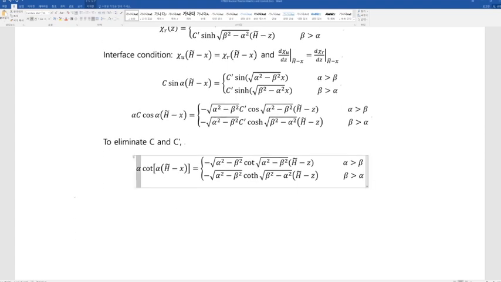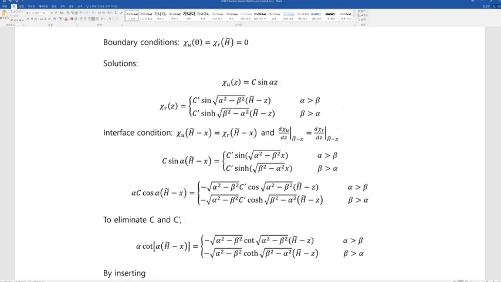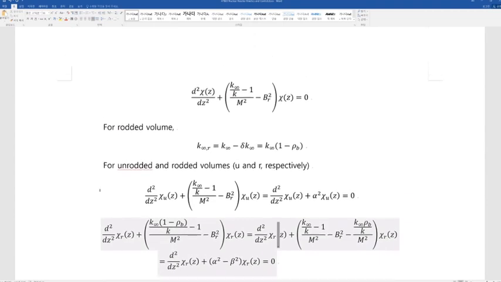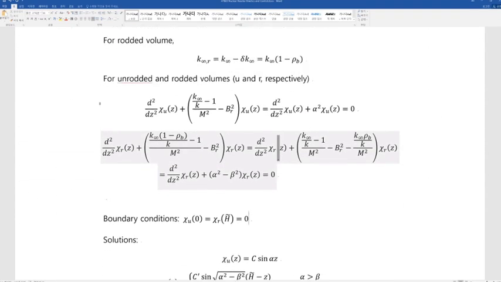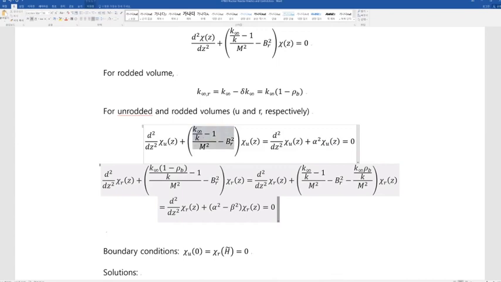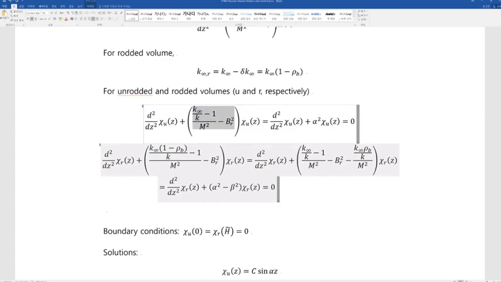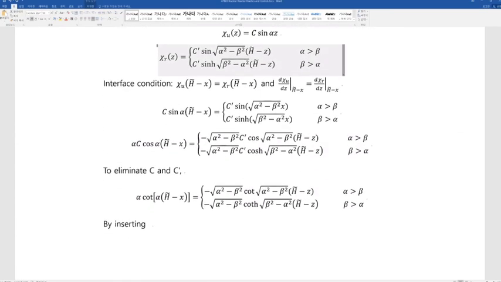So previously alpha squared was defined like this. This was the definition of alpha squared.